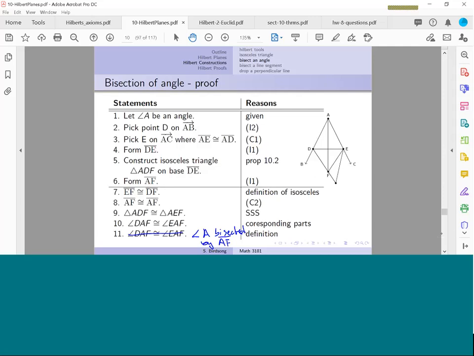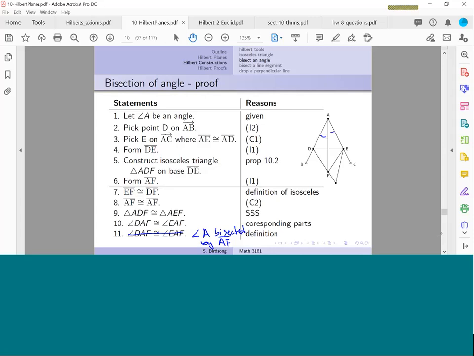So that was the goal that we were trying to get to, was to show that those two angles at A were congruent to each other, because that would get us one step away from saying, yep, angle A got bisected. No worries. So that would be the idea behind bisecting an angle.